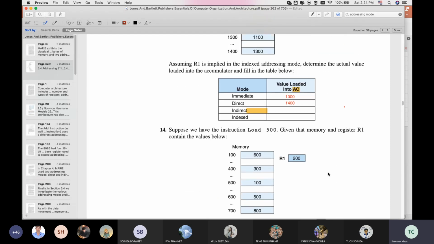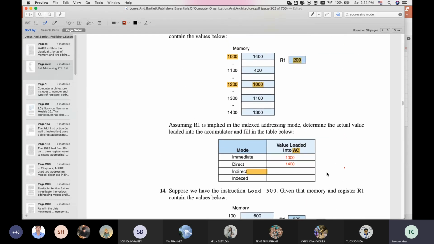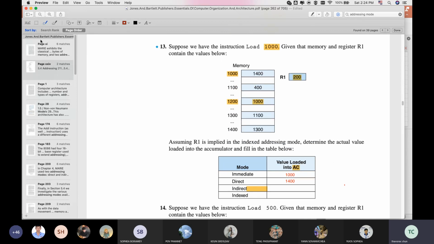And then coming back here, we have the indirect this time. And indirect here, what is the value? 1,300. Yes. Because it is indirect, it means that 1,000 here is the address, the effective address.